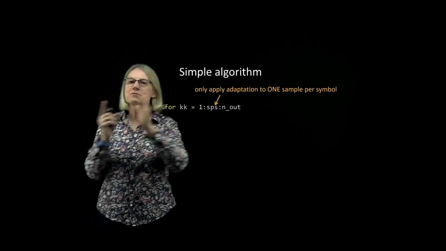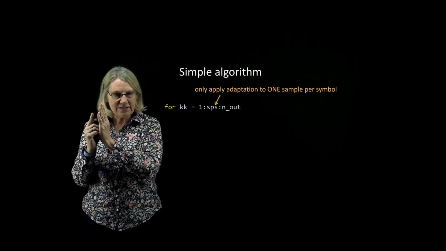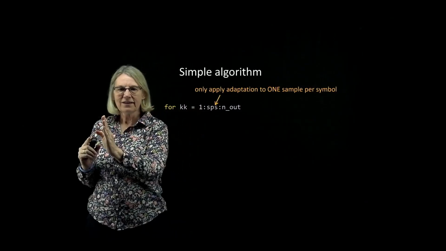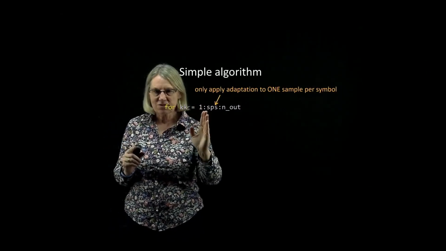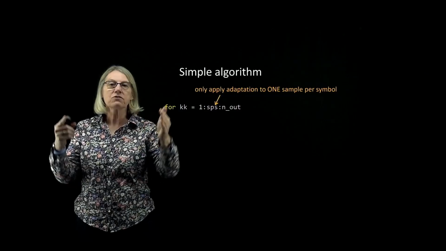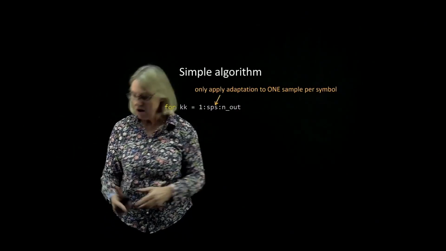But in any case, I'm sliding a window. Even though the starting point is making these jumps so that it happens 1 sample per symbol, the actual data that I'm putting through my filter is going to be as many as there are in the filter taps.